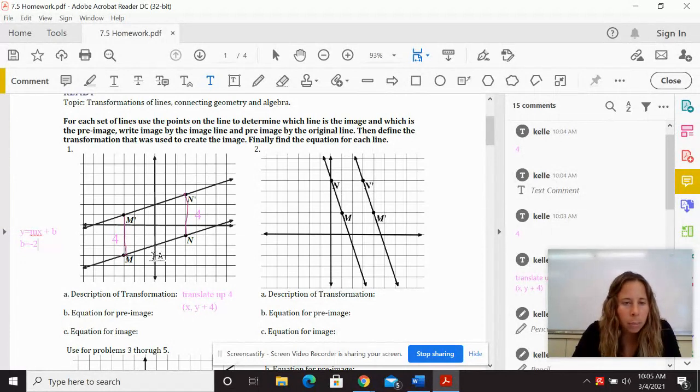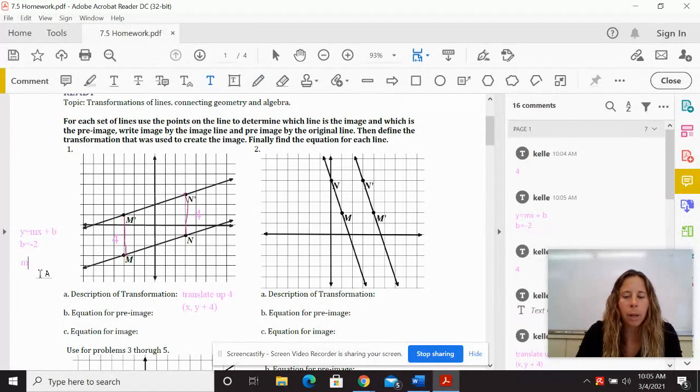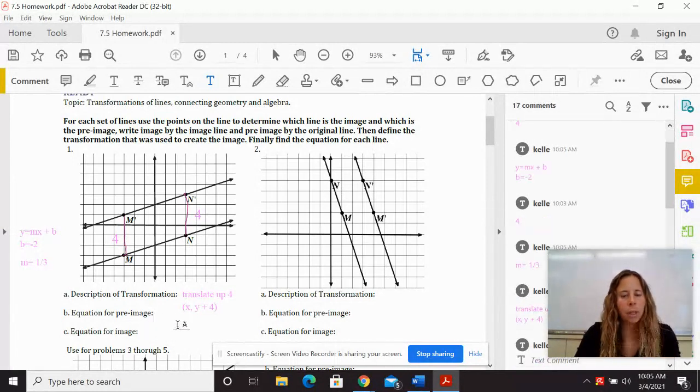And then my slope, I'm going to start at M. It looks like I'm going up 1, over 3, up 1, over 3, up 1, so I'm going up 1 over 3. So m equals 1/3. For your equation, that's just y equals 1/3 x, and then your y-intercept, which is -2.